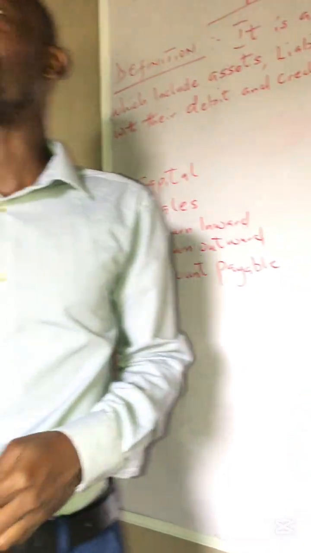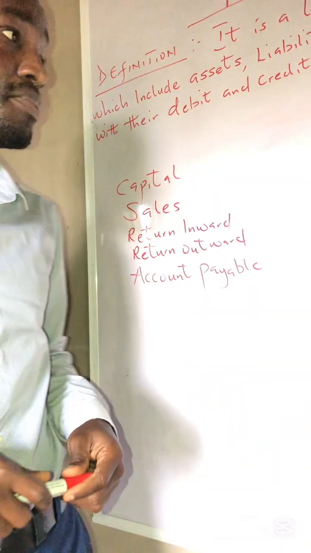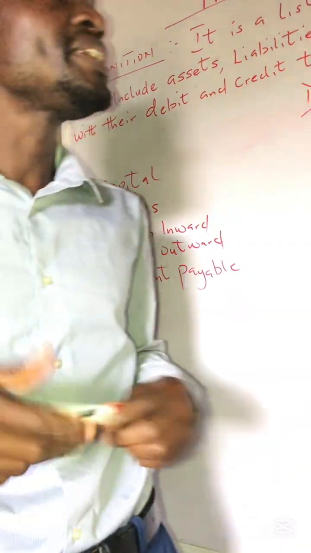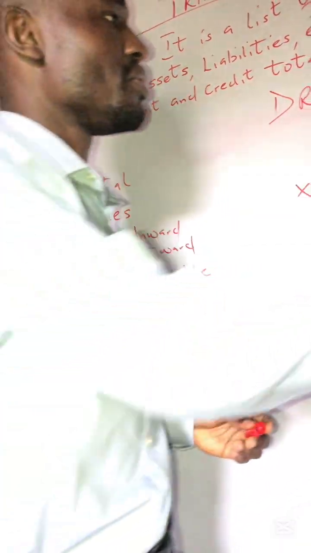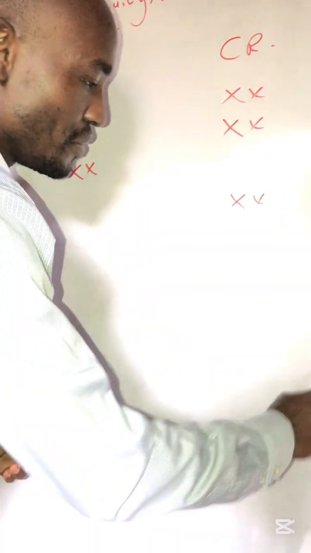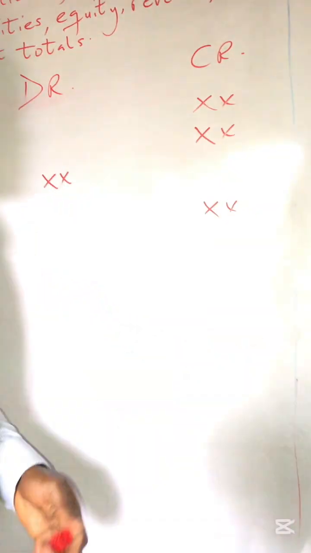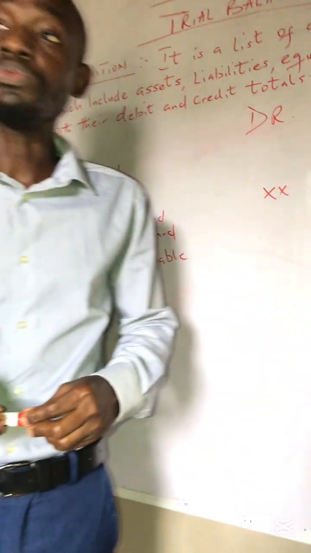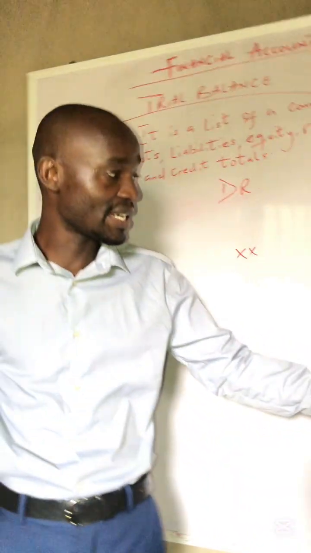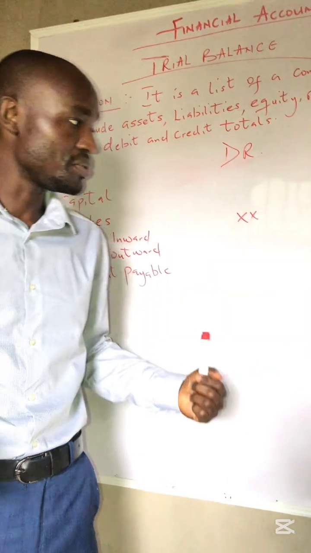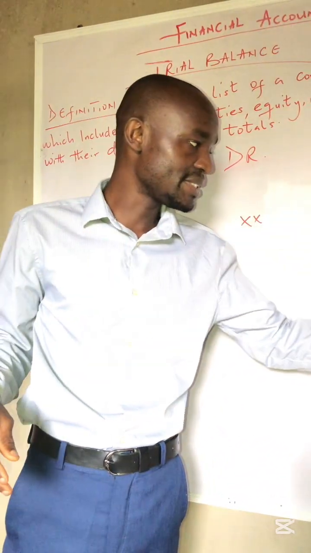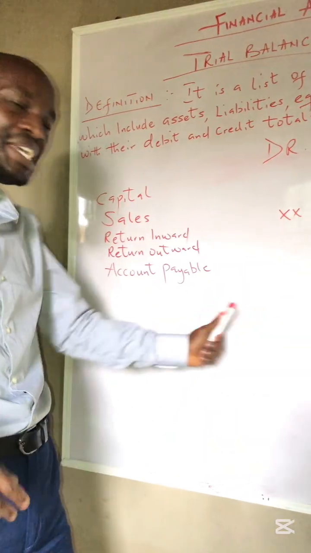Let's use NEPA bill as an example. There will be a particular bill for you that you are yet to pay. They can say, okay, you have used 30,000 naira worth of electricity, so they bring the bill for you. That 30,000 naira, we can call account payable.